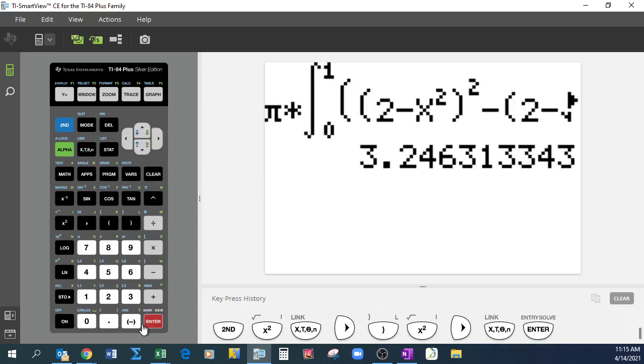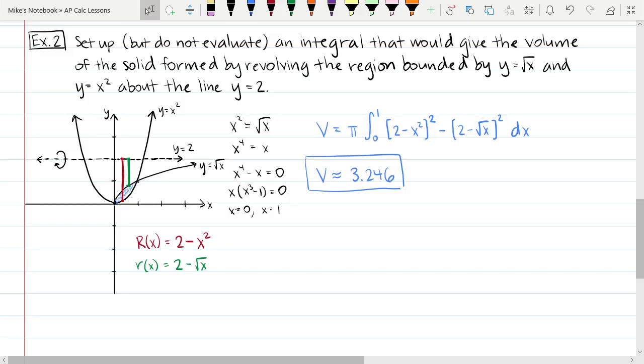And we get approximately 3.246. I do recognize that this did say just to set up but do not evaluate, but I did want to make sure that I demonstrated at least once typing that into the calculator, because again, you do want to make sure that you're very careful with your use of the grouping symbols.